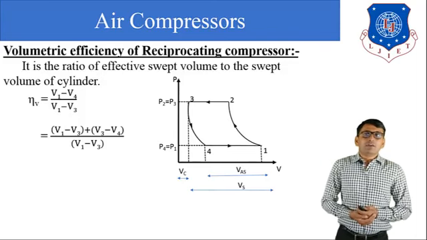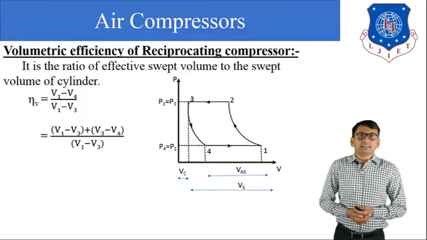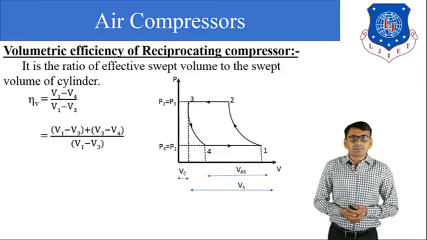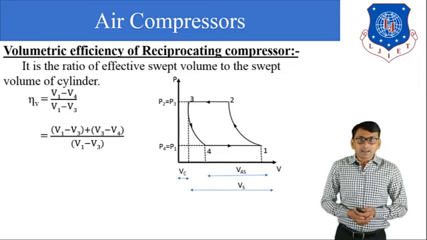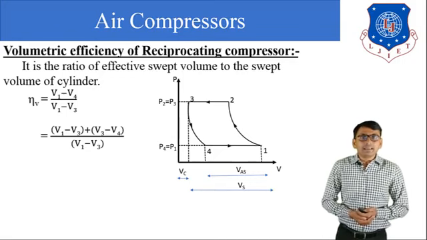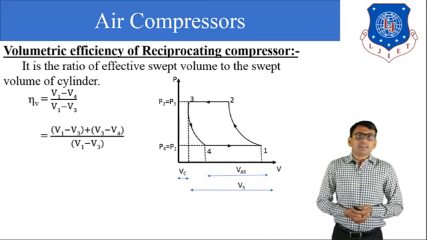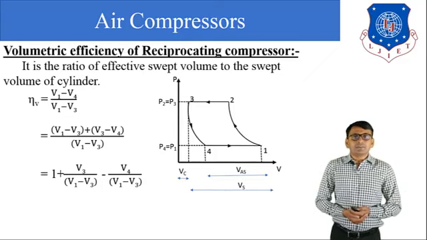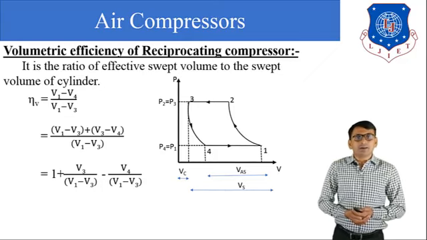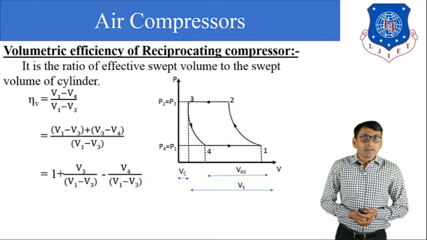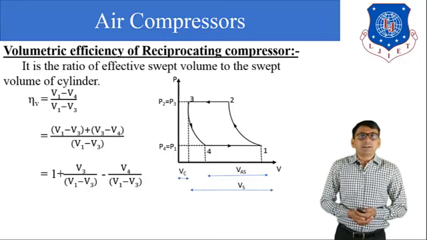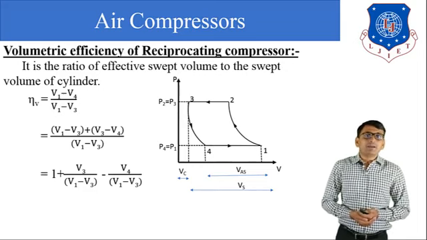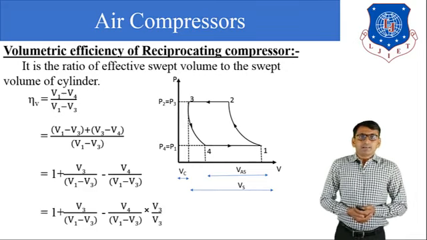Then in the numerator, we have to subtract and add V3, so we get (V1 minus V3 plus V3 minus V4) divided by (V1 minus V3). The V1 minus V3 terms cancel out, giving 1 plus V3 divided by (V1 minus V3) minus V4 divided by (V1 minus V3).